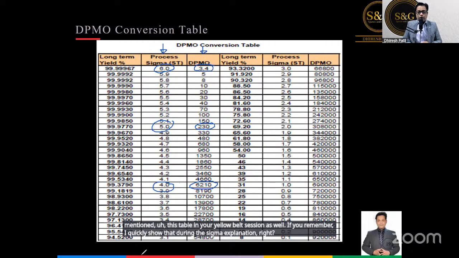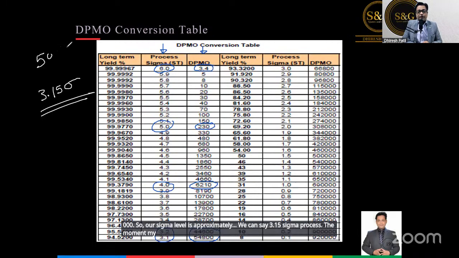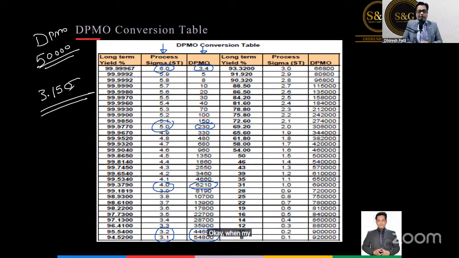Now here we need to basically check where 50,000 is. So can you see here? It is somewhere around here, 44 to 54,000. So our sigma level is approximately 3.15 sigma. When my DPMO is 50,000, my process is a 3.15 sigma process.